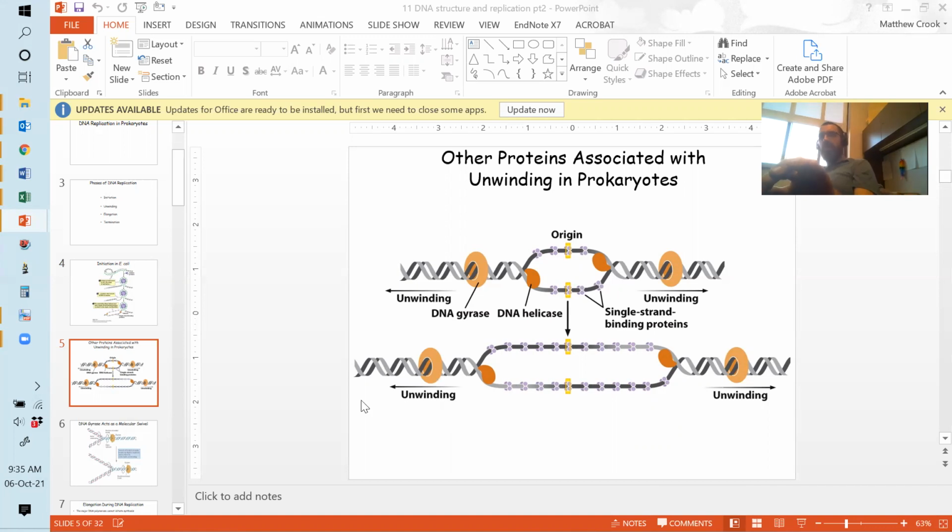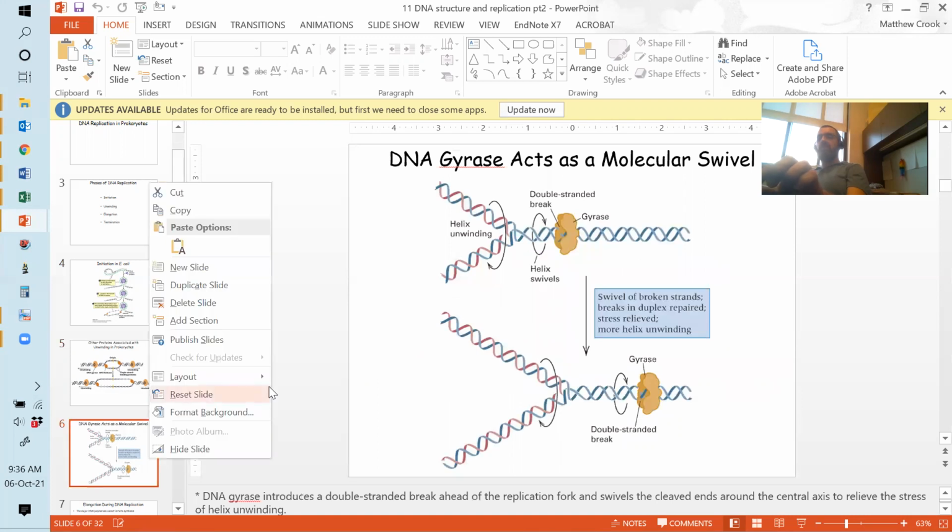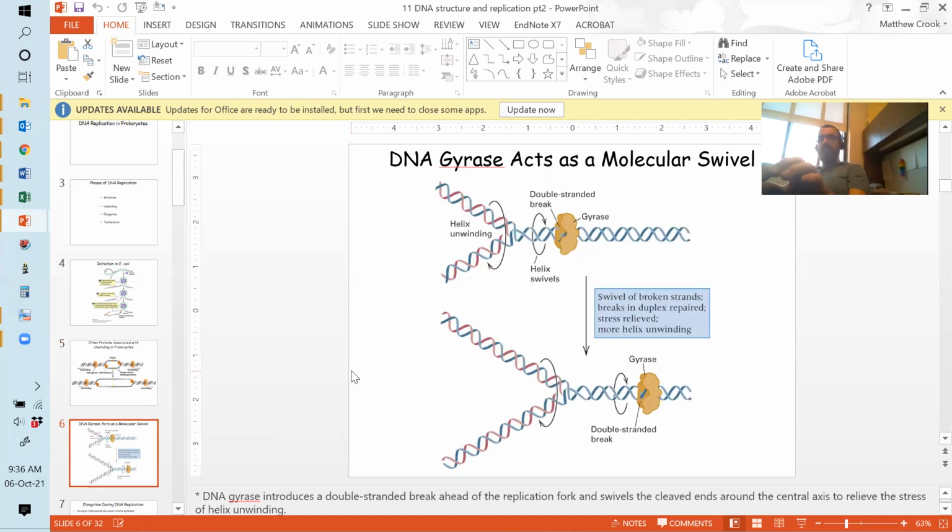And then ahead of all that, we have our DNA gyrase, topoisomerase. Topoisomerase is actually like the big family name of these types of enzymes, and DNA gyrase is just one of them. So that's essentially the difference. And so what DNA gyrase and topoisomerase does is it actually breaks the DNA.